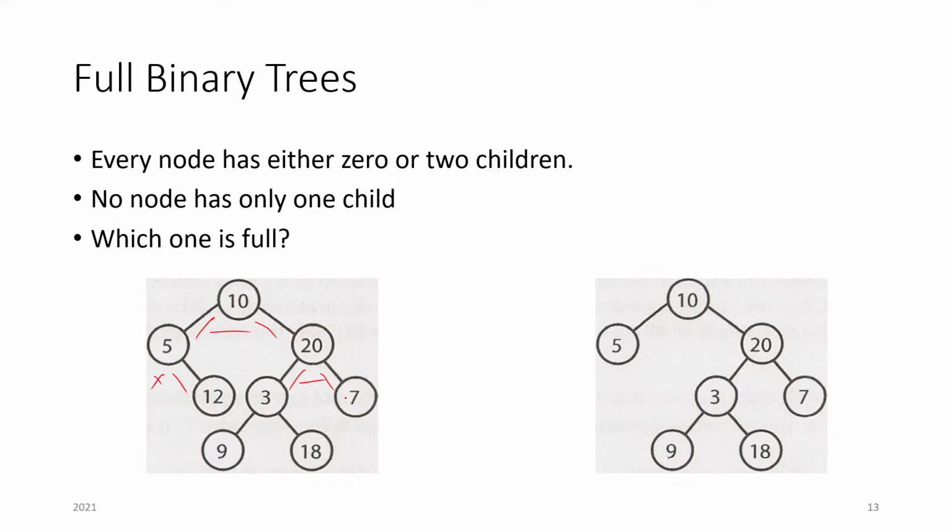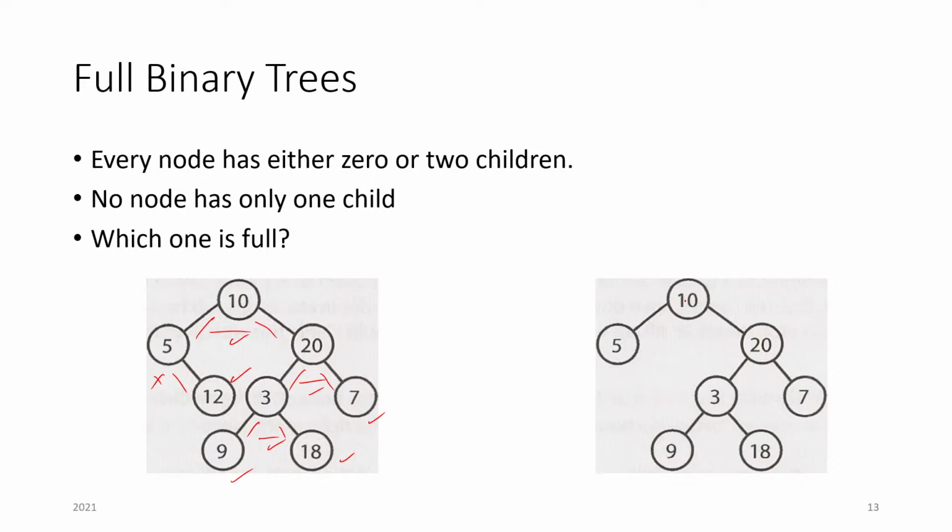And then we see that 7 here has no nodes, so that's okay. And then 3 here has 9 and 8, which is okay. This is okay, but 5 here only has 1 node, so that's wrong. That's why you know that this is not going to be a full tree.